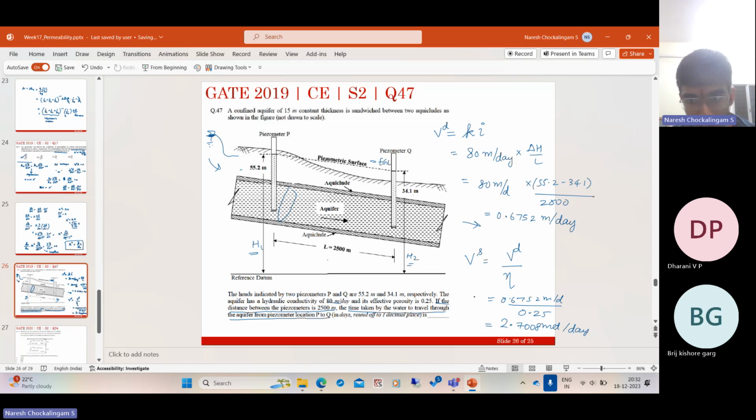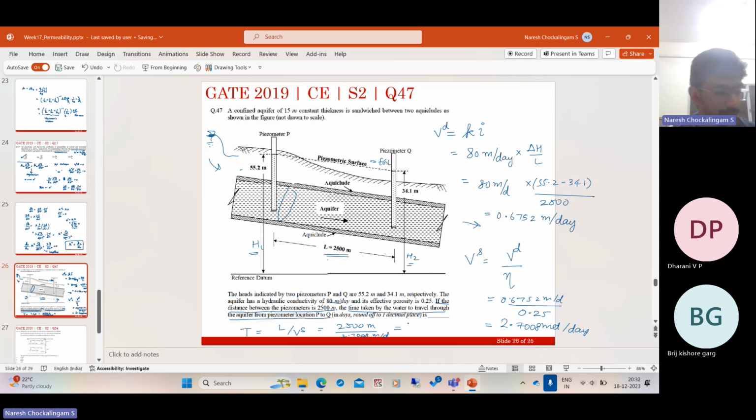So the water is traveling 2.7008 meters per day, and the total distance is 2,500 meters. So how many days will it take? Time is equal to length by the seepage velocity, not the discharge velocity. So length is 2,500 meters, and the seepage velocity is 2.7008 meters per day.